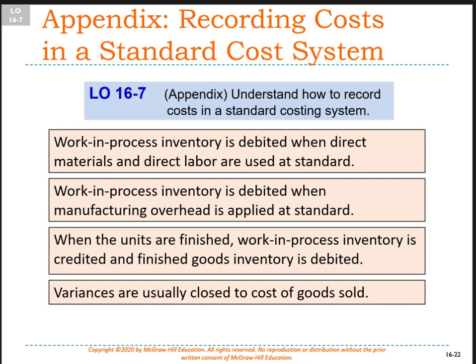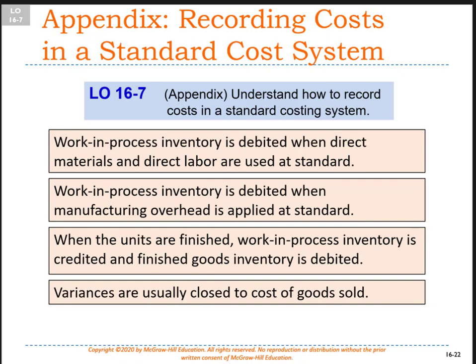Accounts payable. We would debit raw materials, okay, or work in process if it goes right into the process, for the amount we bought at the standard price. All right, because from our accounting standpoint, we're ignoring the fact that we spent more or less than we planned and only recording what we actually planned in terms of pricing.